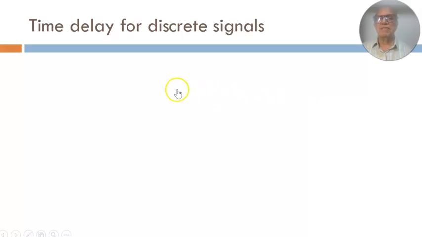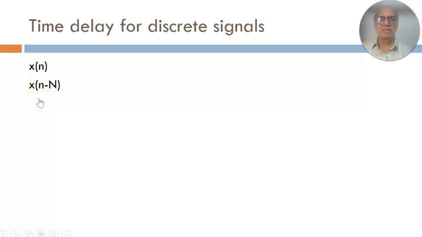So time delay for discrete signals. Let's say there is a system which provides the delay, and input to that is a discrete time signal which is x[n]. Note the change in the independent variable here. It is n, which is going to be an integer, whereas in the case of continuous time, that was t, and that was represented by a floating point variable. The output from this system will be written like this, where N denotes the number of sample points.